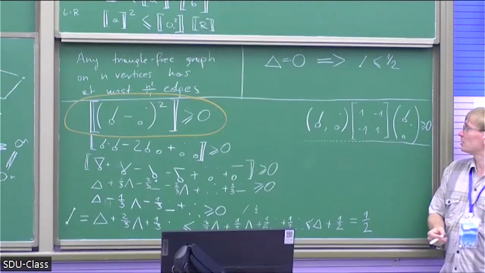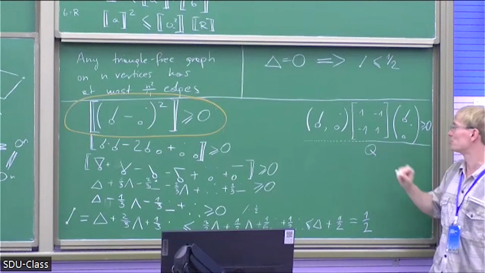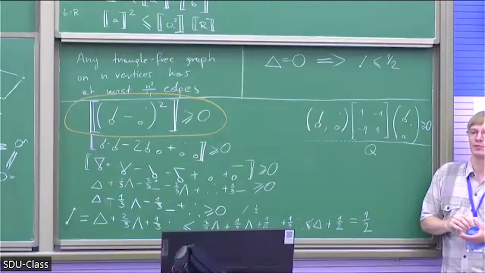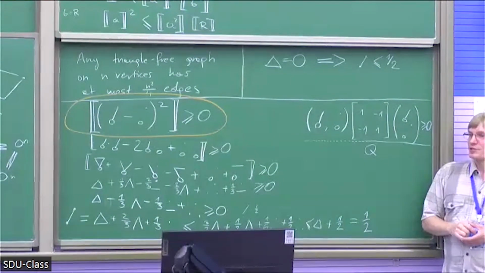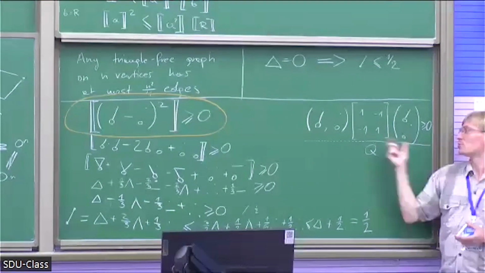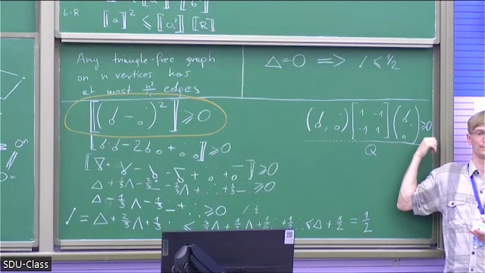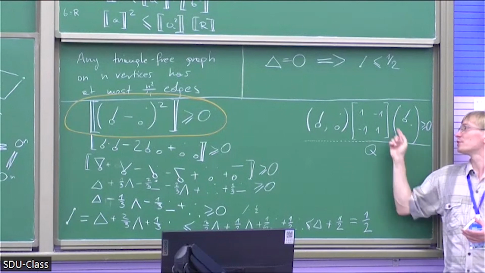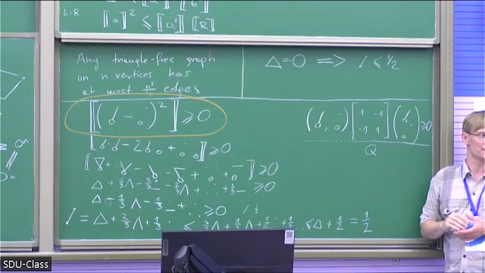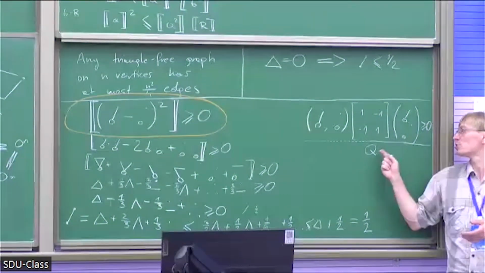And why is this inequality true? Because this matrix, we call it Q, is positive semi-definite. What does it mean that the matrix is positive semi-definite? It means that whatever vector I take and multiply this matrix from both sides by such a vector, I will obtain something which is non-negative. So instead of this matrix, I could take here any matrix which is positive semi-definite, and I will obtain a true inequality, something which is always at least zero.